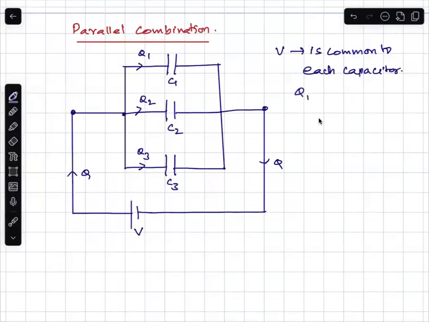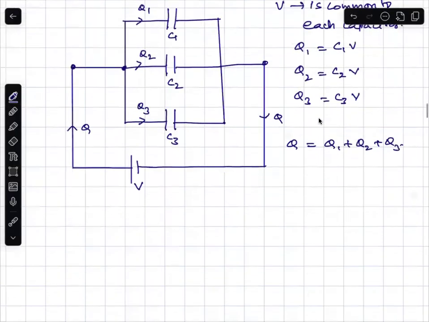So when someone asks me what Q1 is, I will simply write C1V. Someone asks me Q2, I will write C2V. When someone asks me Q3, I will write simply C3V. And don't forget, the law of conservation of charge says Q is equal to Q1 plus Q2 plus Q3, which implies C1V plus C2V plus C3V.